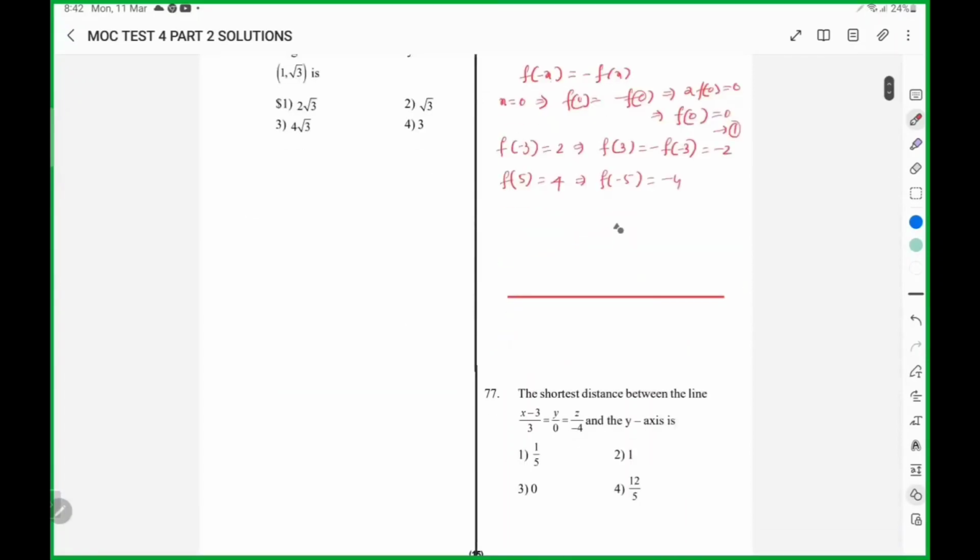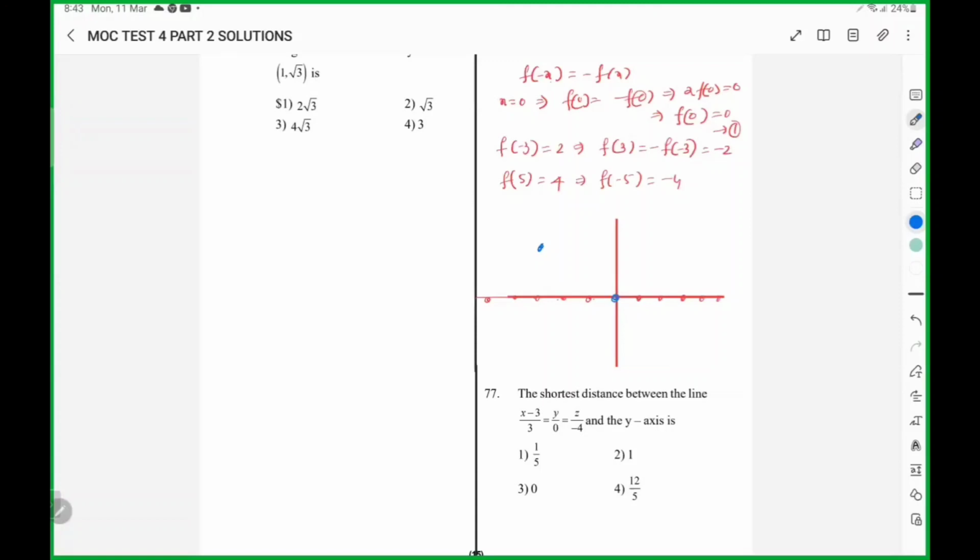So the basic graph: you take 1, 2, 3, 4, 5, minus 1, minus 3, minus 4, minus 5. So f of 0 is 0. f of minus 3 is 2.